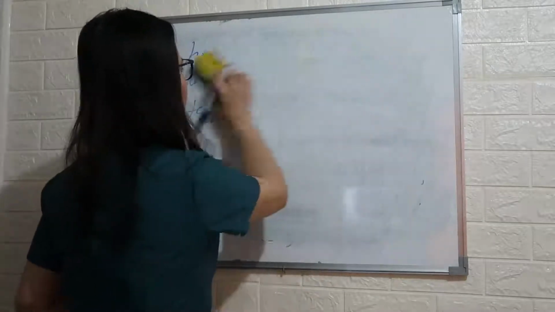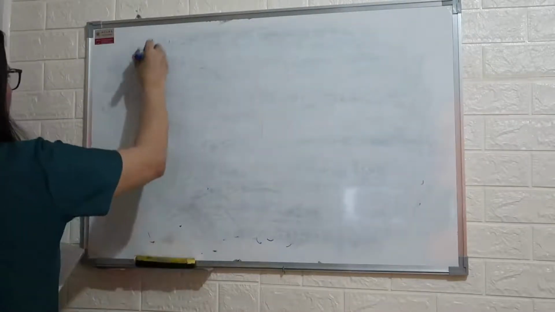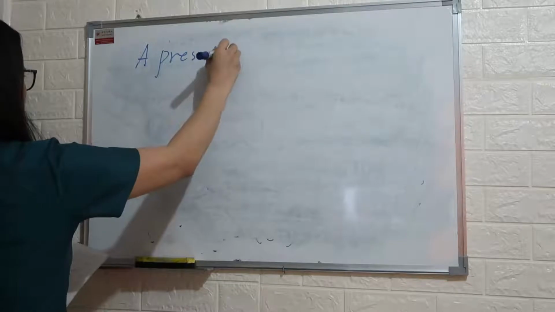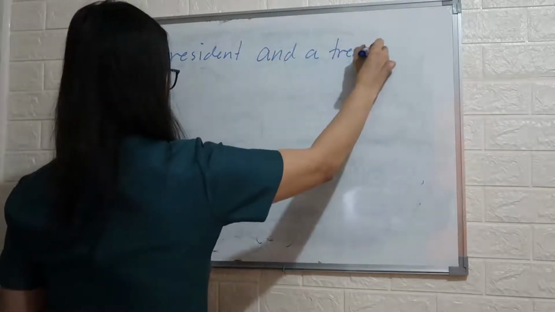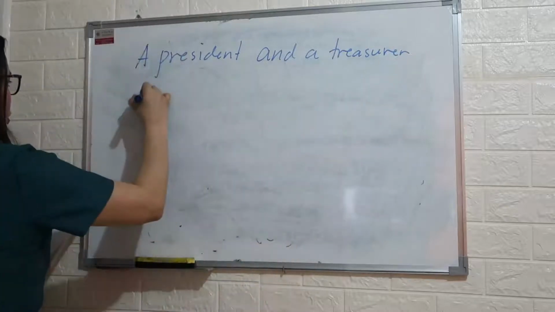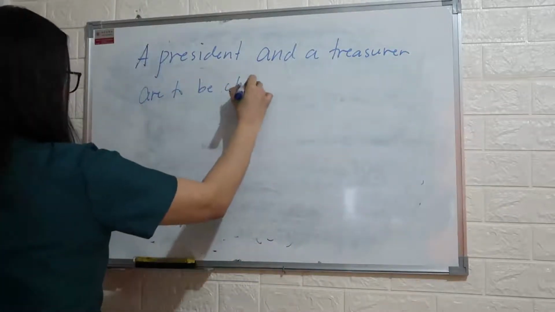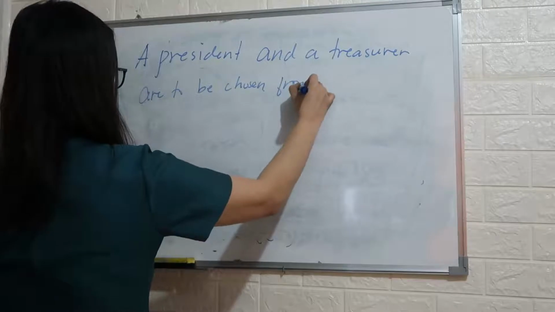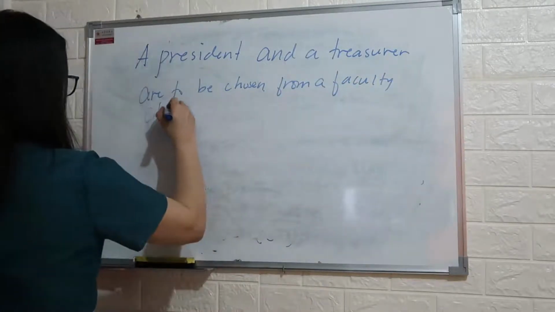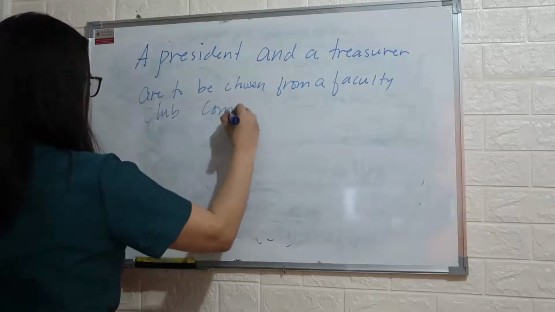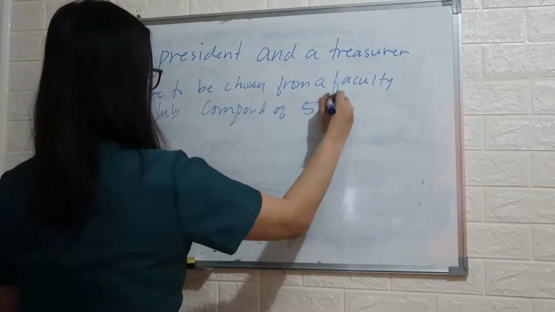Next, another example. Let's say that given a president and a treasurer are to be chosen from a faculty club composed of 50 teachers.